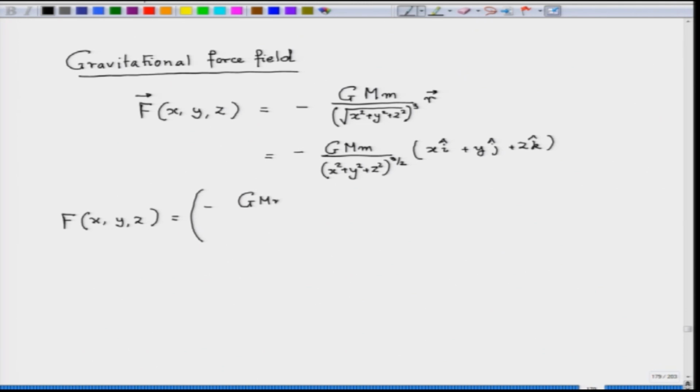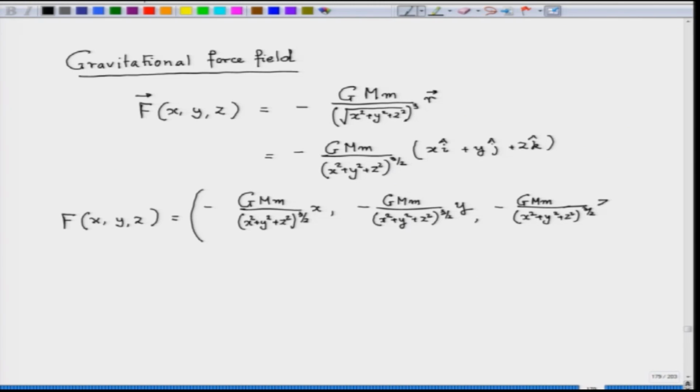It is written as G m M over x square plus y square plus z square to the power 3 by 2 into x, minus these are the functions, this is your capital F1, G m M by x square plus y square plus z square to the power 3 by 2 into y, minus G m M by x square plus y square plus z square to the power 3 by 2 into z. That is the way I write it.